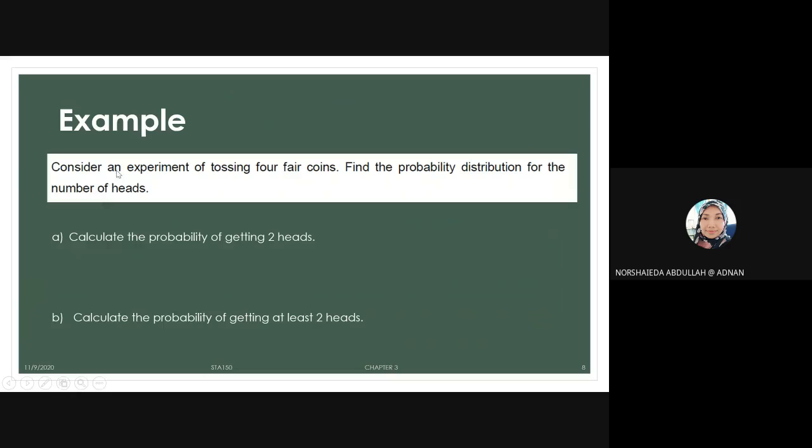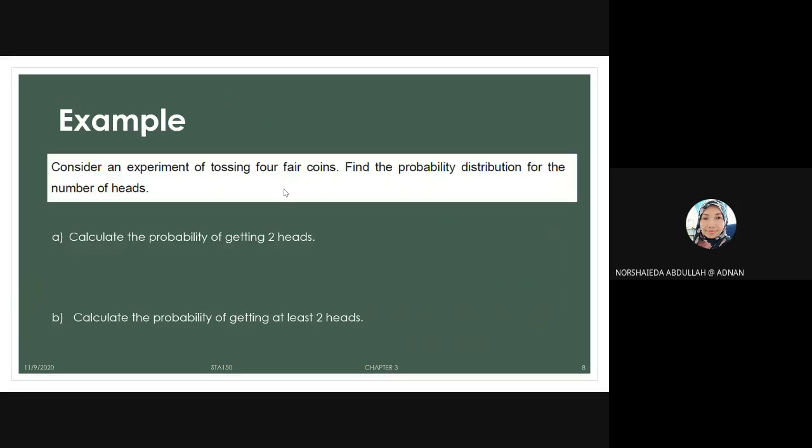Let's discuss the next example. So this experiment, we want to consider the experiment of tossing 4 coins. For each coin, the possible outcome is either head or tail.